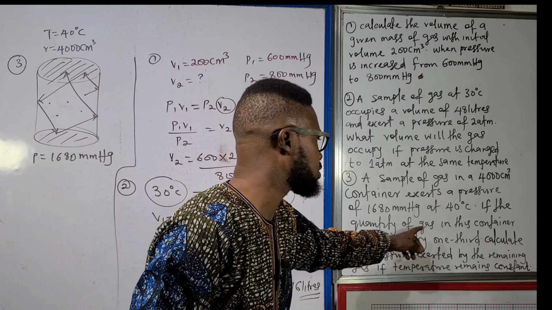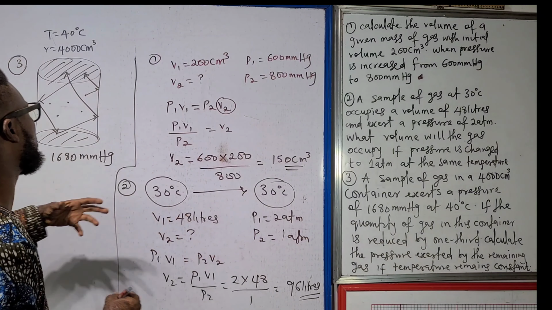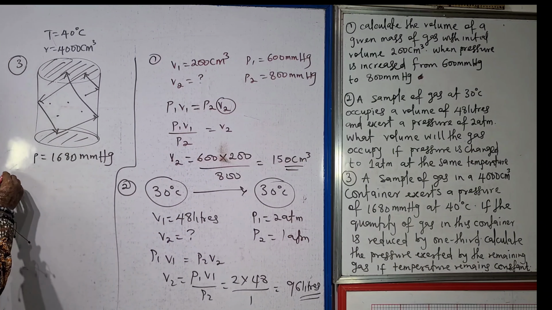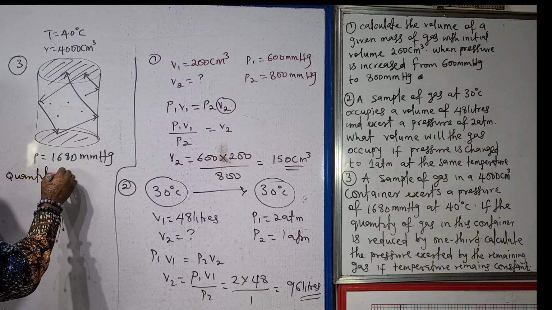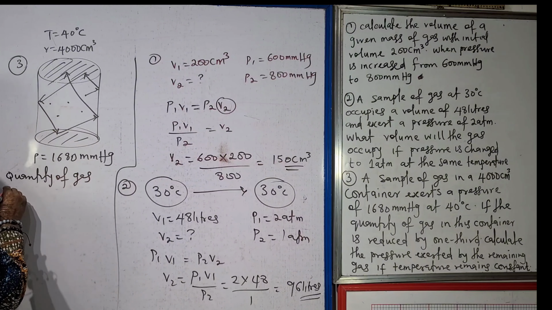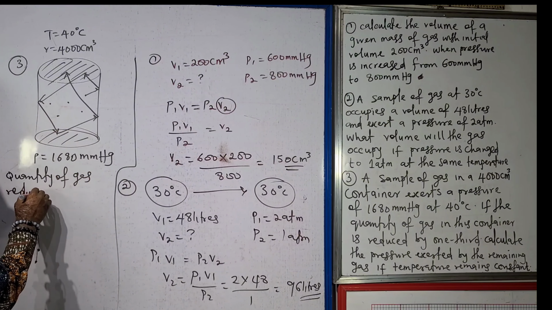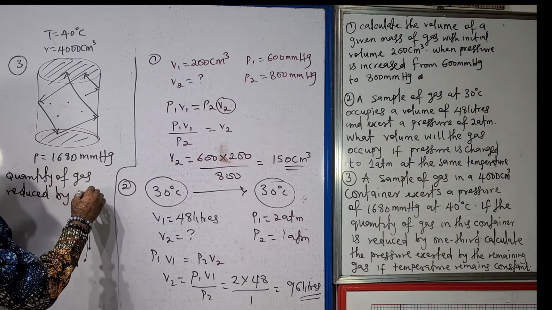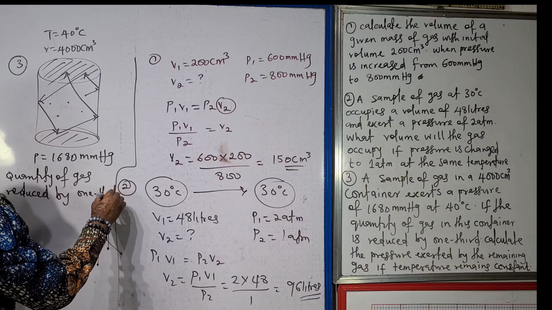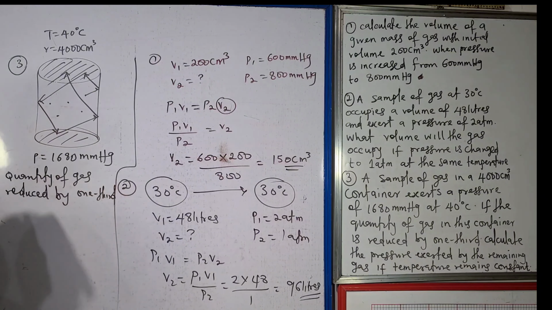If the quantity of gas in this container is reduced by 1/3, calculate the pressure exerted by the remaining gas.